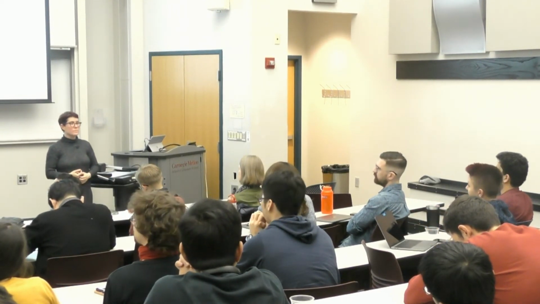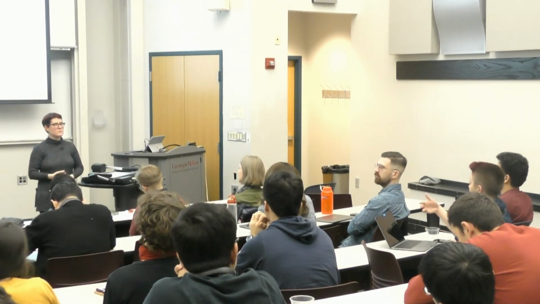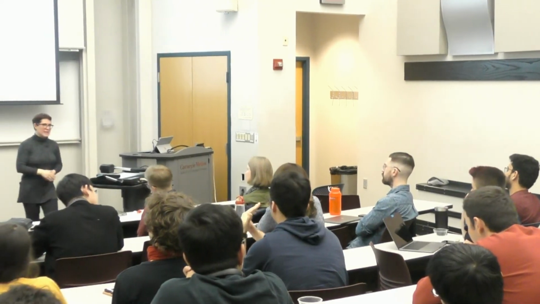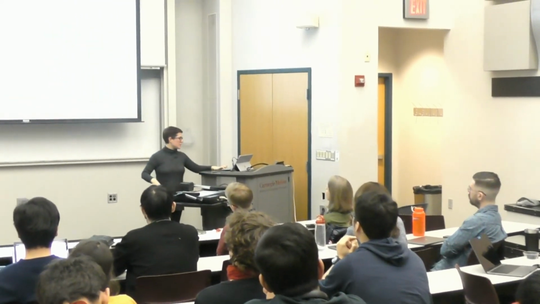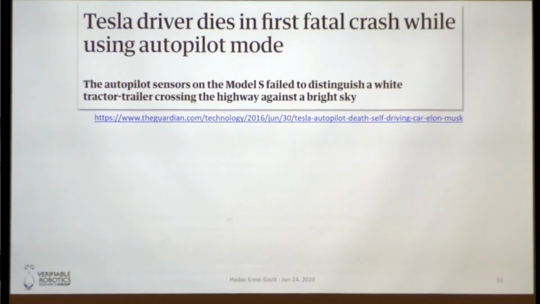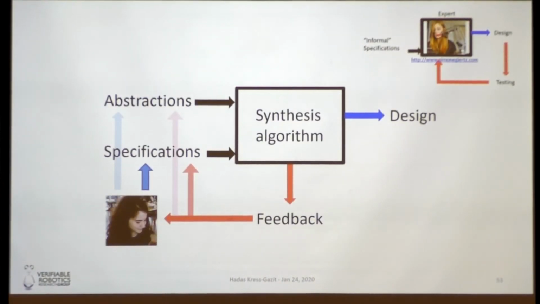How do you think that plays into how your system would request an abstraction or even detect whether it needs that? Yeah, so that's why the arrow to the abstraction is the lightest, because that is a hard question.